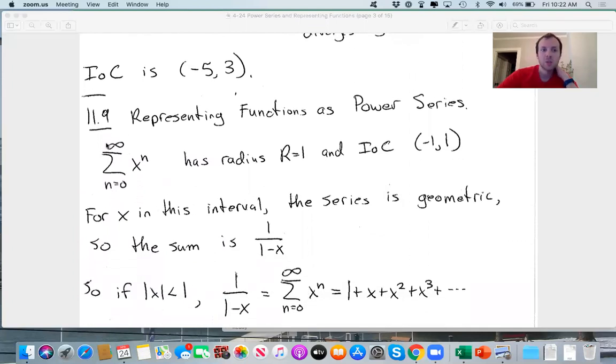So here's a power series. Because it's just x to the n, it has center of 0.